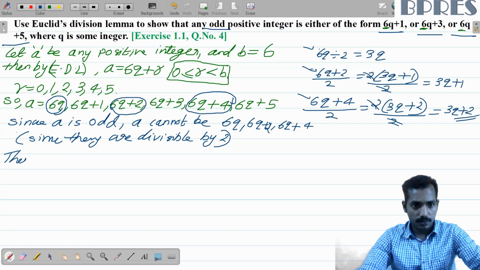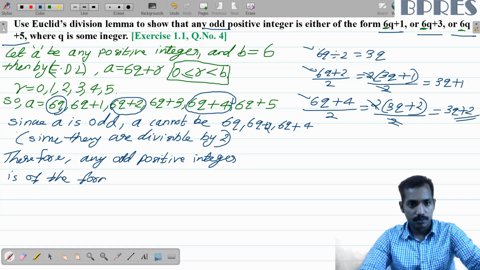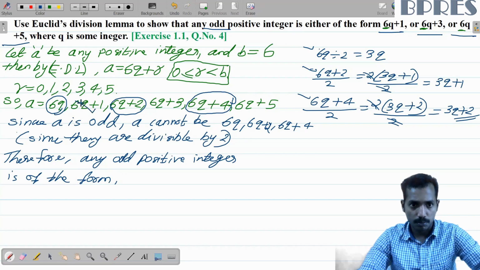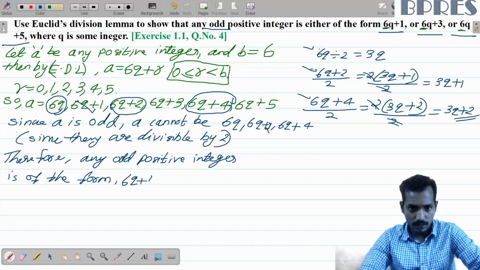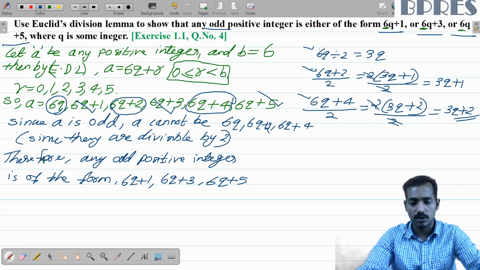Therefore any odd positive integer, okay, negative integers are not applicable, any positive integer is of the form, what are the remaining numbers here? 6q plus 1, 6q plus 3, and the third one is 6q plus 5. So these are the possible numbers. Hence it is shown.